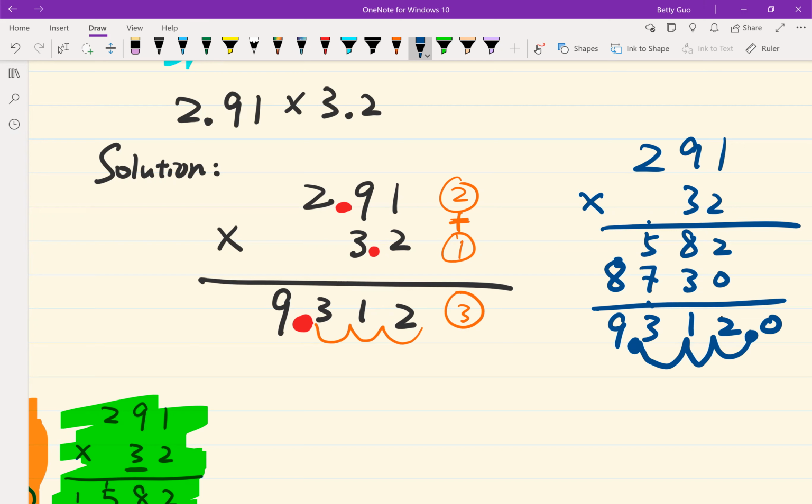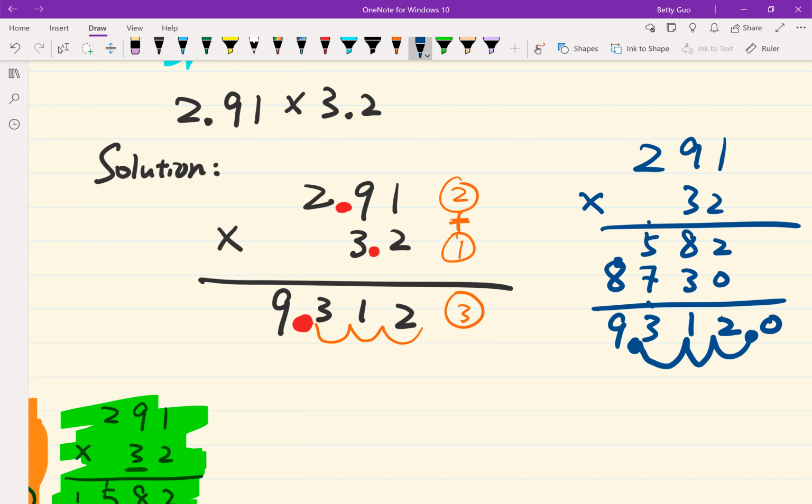So 3 times 3 is 9, and the multiplication we're looking for should be pretty close to 9 as well. So you would know to place the decimal point between 9 and 3. The answer is 9.312. Otherwise, if you put the decimal point between 3 and 1, you get 93.12. That is too big, right?